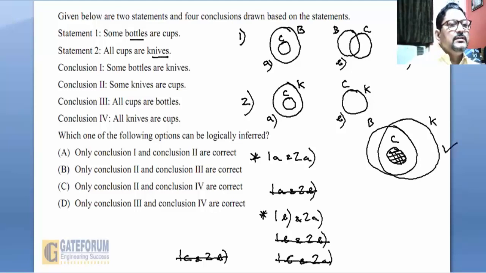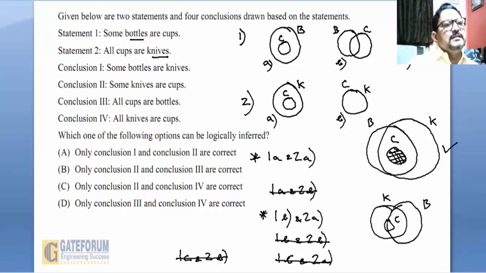Now let us look here also. 1B and 2A. How is it? See, this is cups and knives as expressed in 2A. And then there are bottles. So that will be somewhat like this.